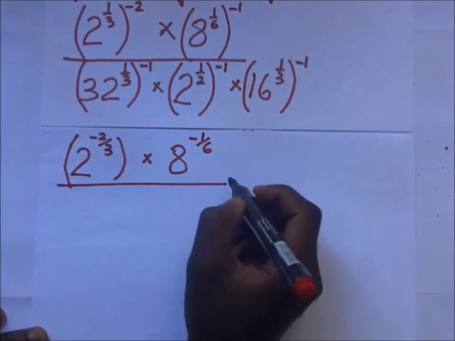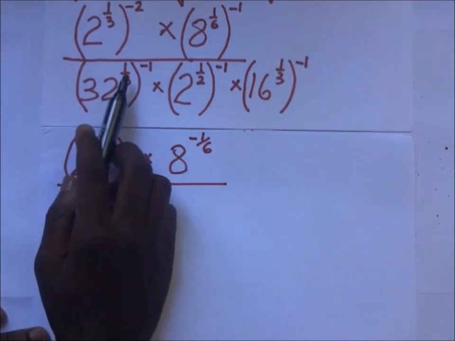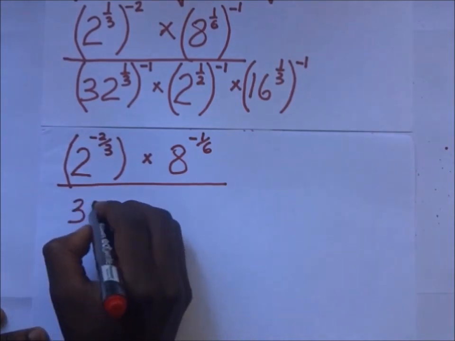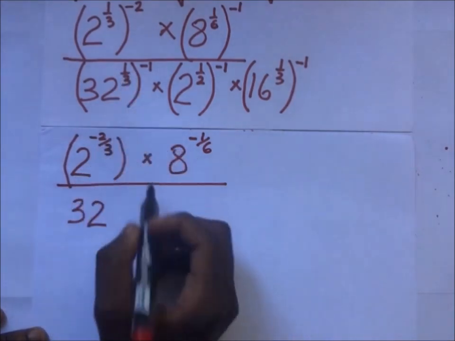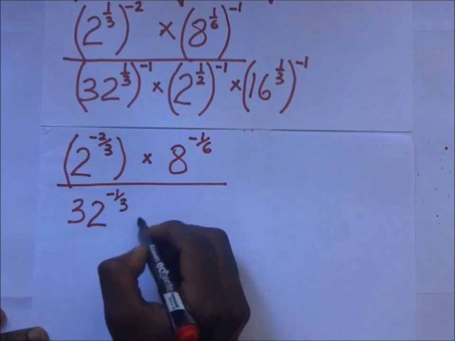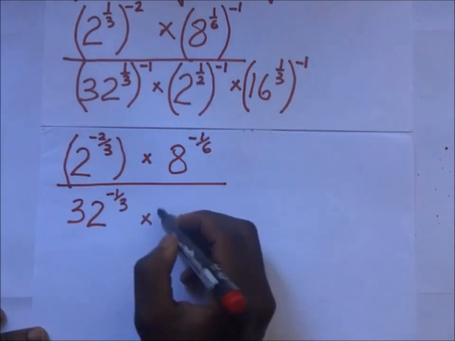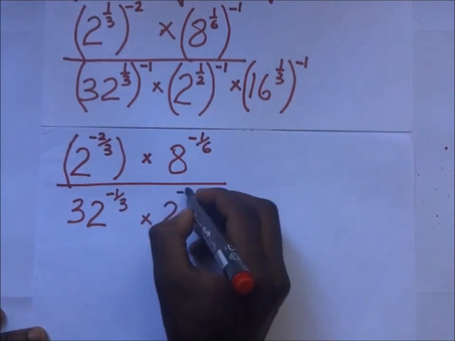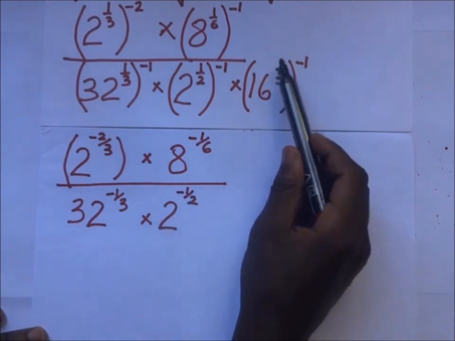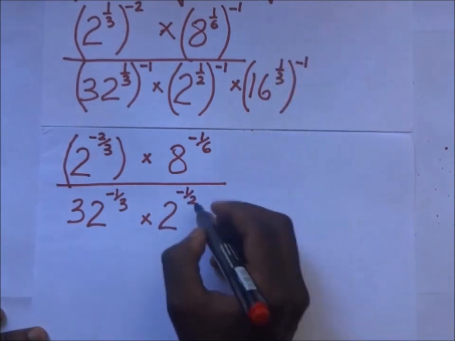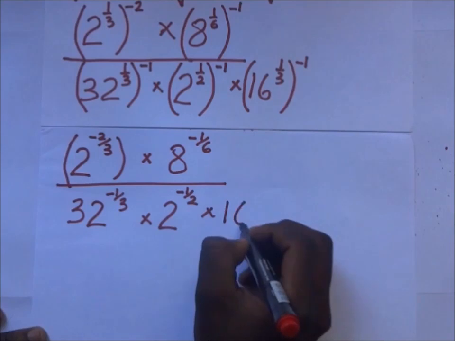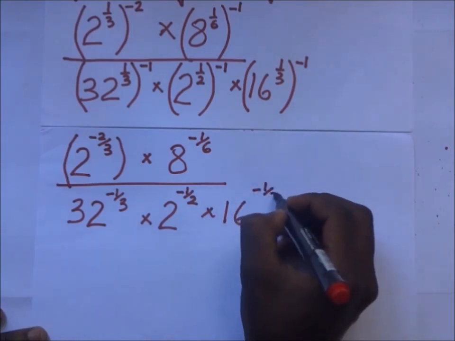Then divide all this by 32 to the power negative a third. Multiply that by a half times negative 1, which is 2 to the power negative a half. Then a third times negative 1 gives us 16 to the power negative 1 over 3.